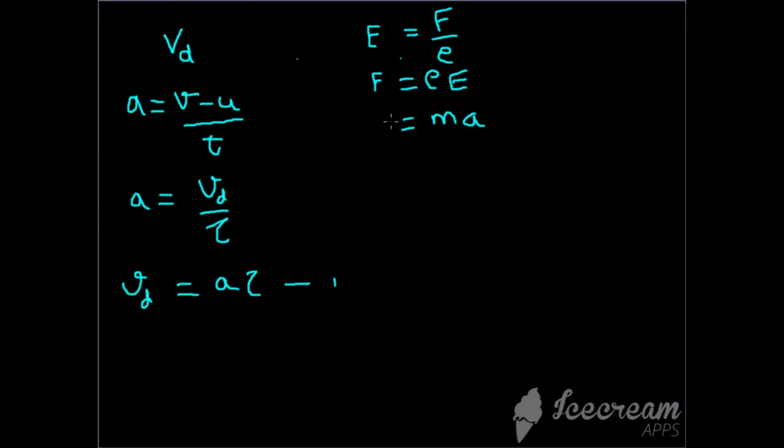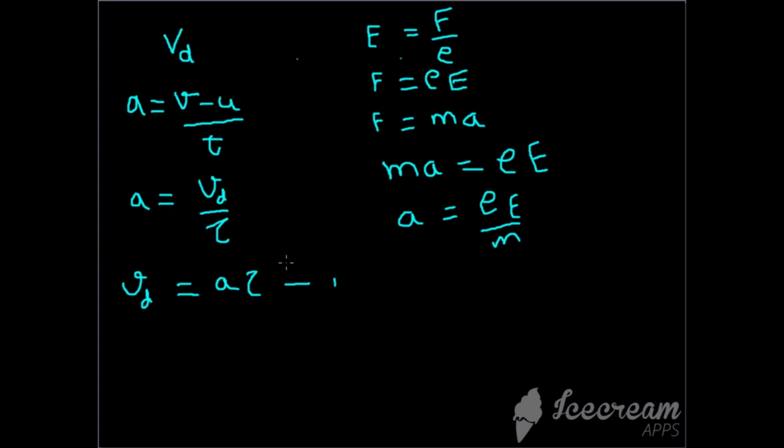We combine these equations of force. F is equal to eE, F is equal to ma. So ma is equal to small e into capital E. Therefore, a is equal to small e capital E divided by m.